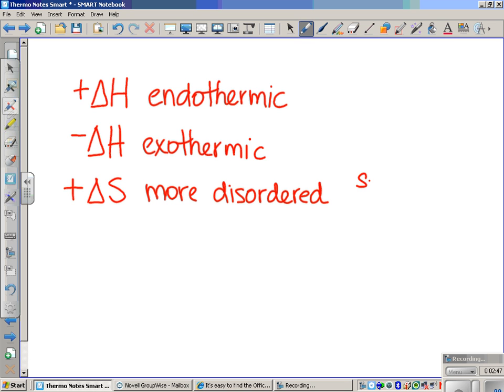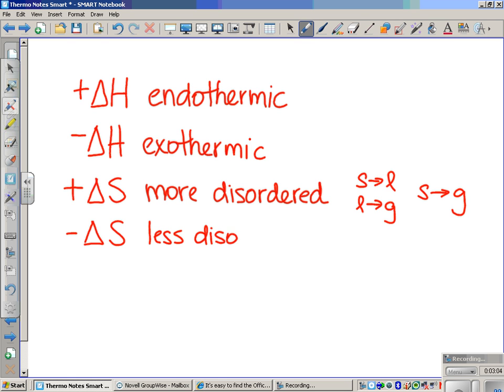An example of that would be a solid going to a liquid, going to a gas, a solid going to a gas. Those are all examples of becoming more disordered. Less disordered would have a negative delta S sign. So if it has a negative delta S, then as the reaction took place, the particles became less disordered.